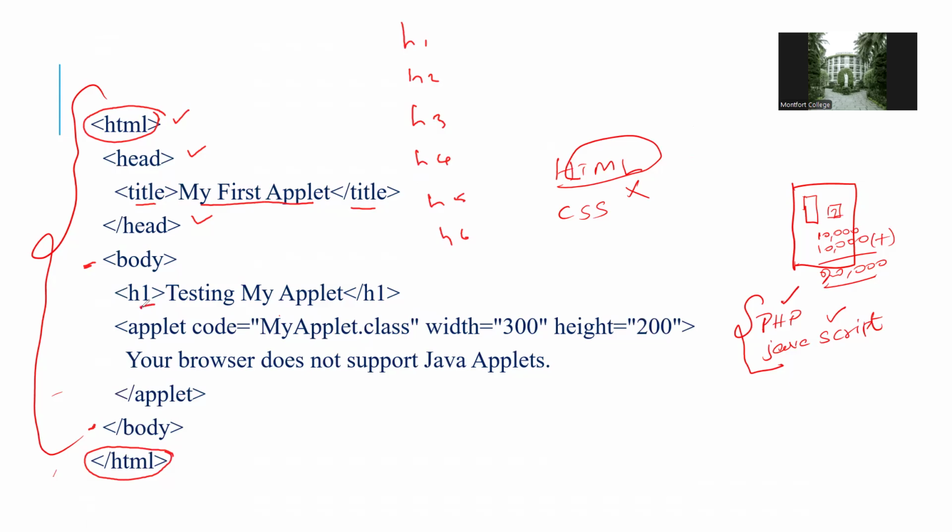So here we have H1. If you want to make any large headings with high fonts, which means the font size to be large, then you can use H1. So if you want a small one, you can use extreme small, that is H6. So in between that, anything you can use, that is your choice. Here we have used H1. H1 we have to close also.